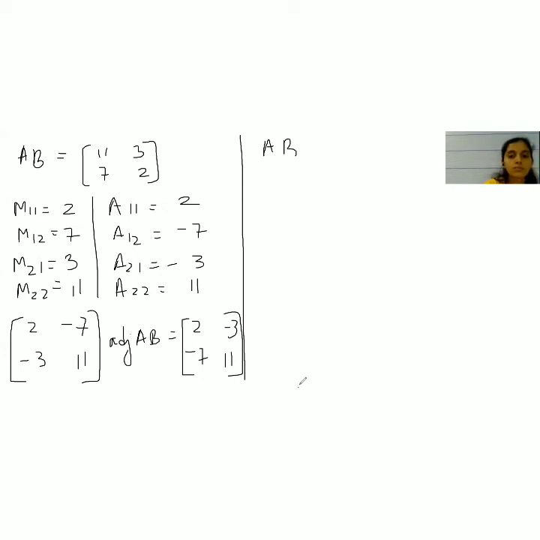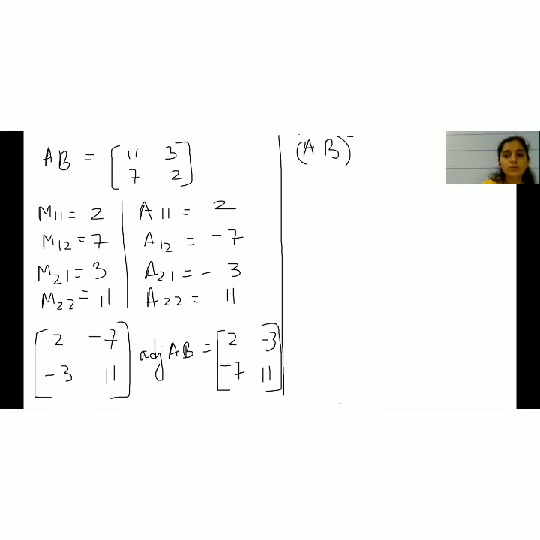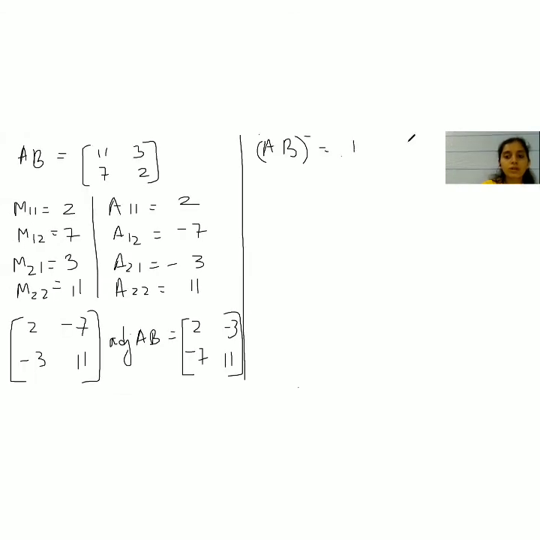So AB inverse is equal to 1 upon determinant of AB into adjoint of AB. This is our formula to find the inverse, right?